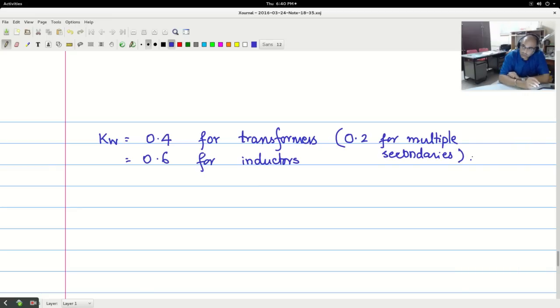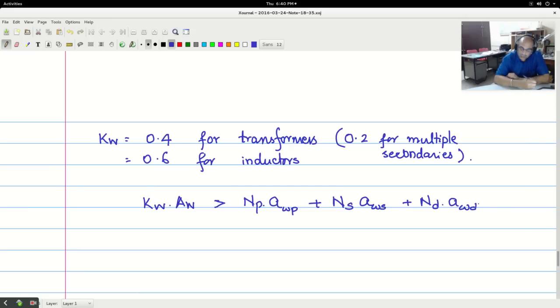So these are some things that you need to take into account. So kWAW should fit what? Should be greater than. It should fit NP number of turns with wire cross section area of the primary wire plus NS number of turns with wire cross section of the secondary wire plus ND number of turns of the demagnetizing winding, the wire cross section of the demagnetizing wire.